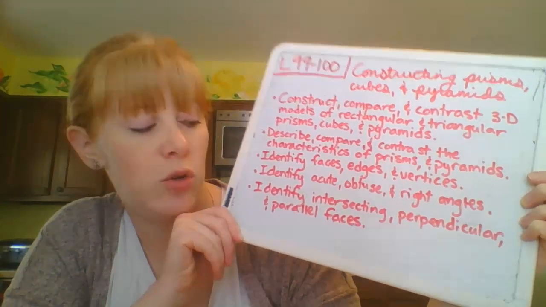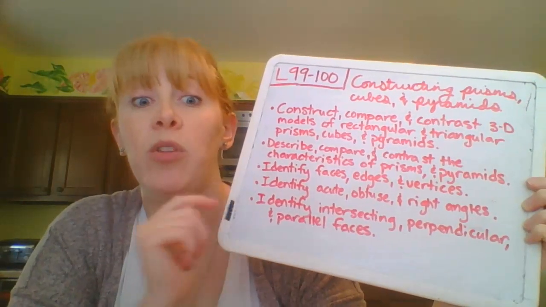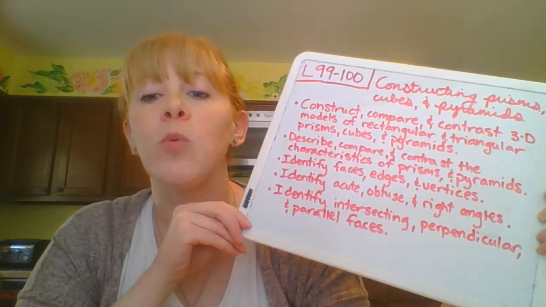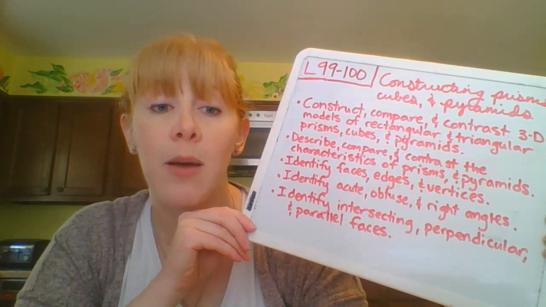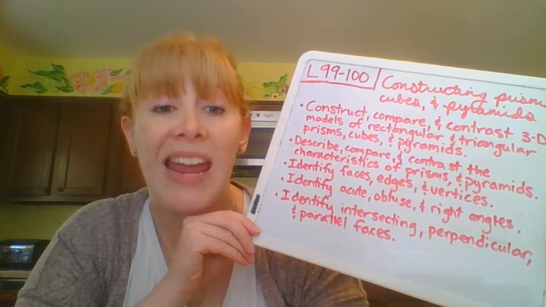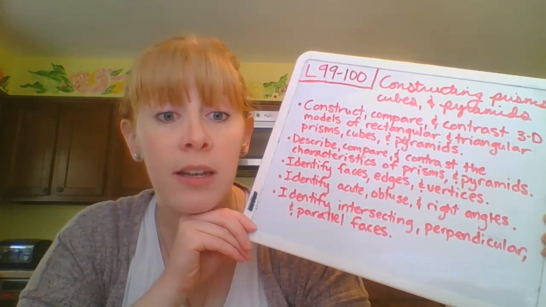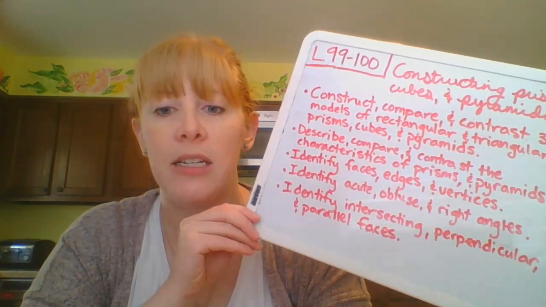Those last two objectives are going to be tying in with previous lessons from quite some time ago. The difference is when we've talked about acute, obtuse, and right angles before, we have talked about them using rays, segments, and lines. Remember, acute is smaller than 90 degrees, obtuse is larger than 90 degrees, a right angle is exactly 90 degrees.